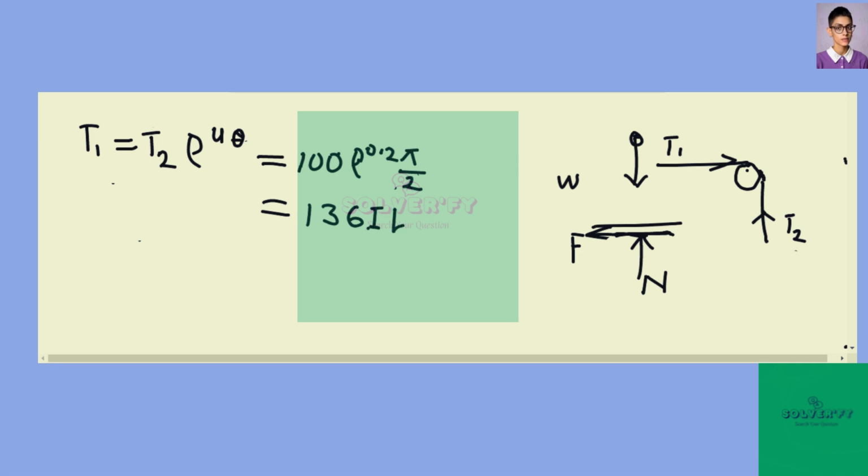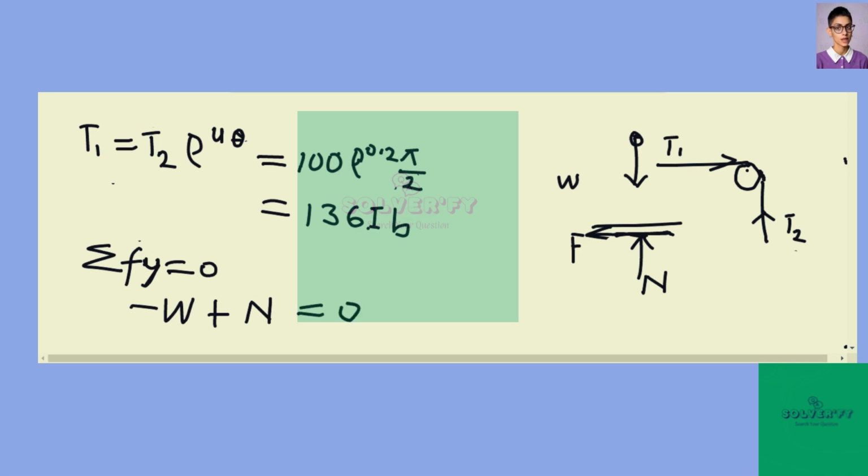We can consider equilibrium in the vertical direction. If we do that, we are going to have the summation of the forces equal to 0, so that W is going down, the weight of the woman, plus the normal reaction on the floor where the woman is standing, equal to 0.